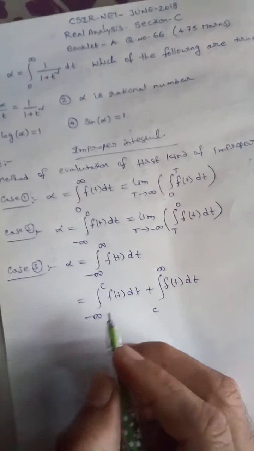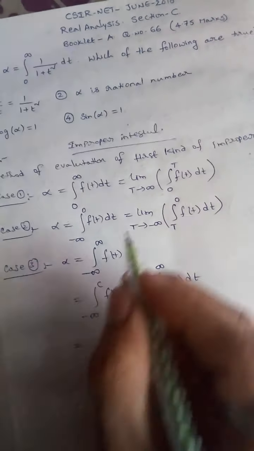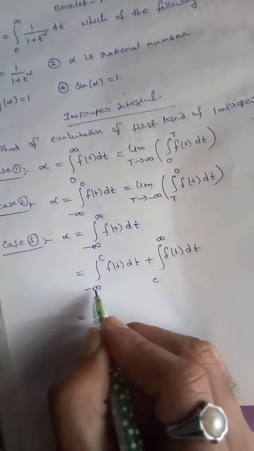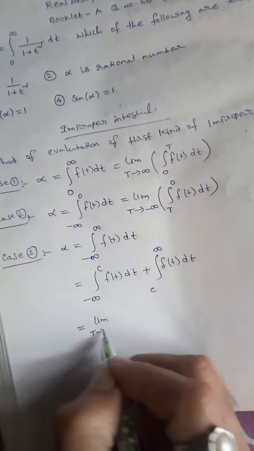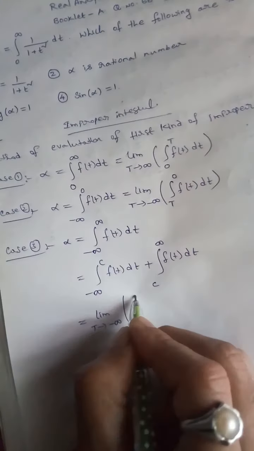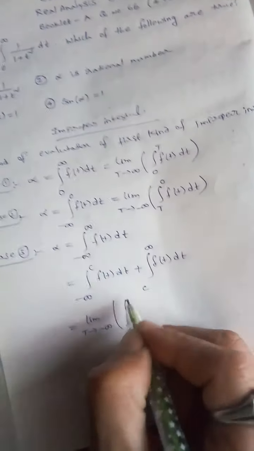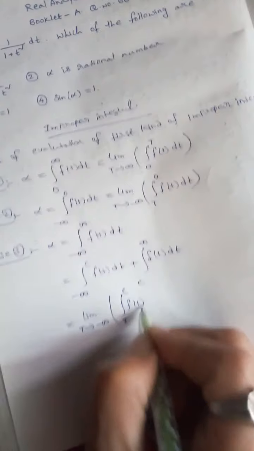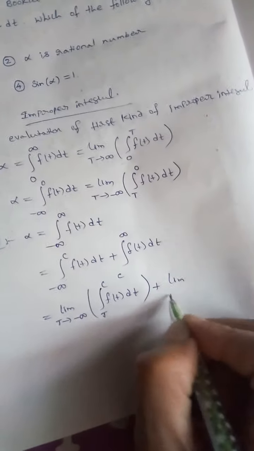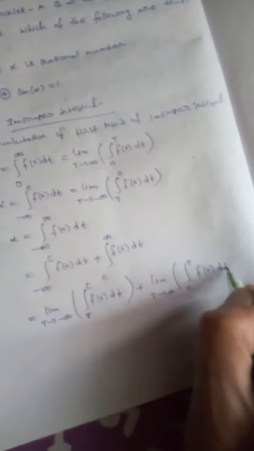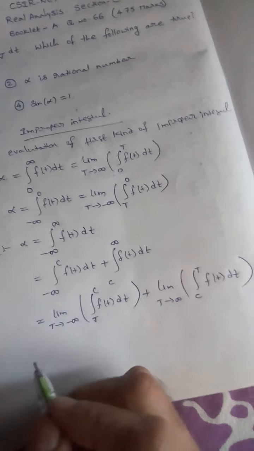Applying the above two cases, by using case 2 this is limit capital T tends to minus infinity of the integral from capital T to c of f of t dt, plus limit capital T tends to plus infinity of the integral from c to capital T of f of t dt. So this is case 3.